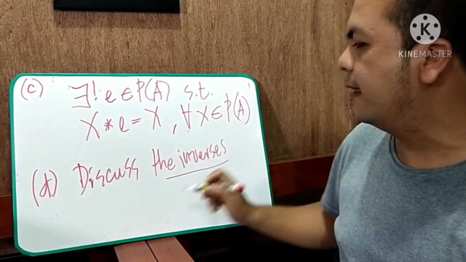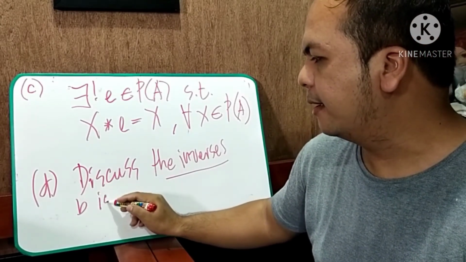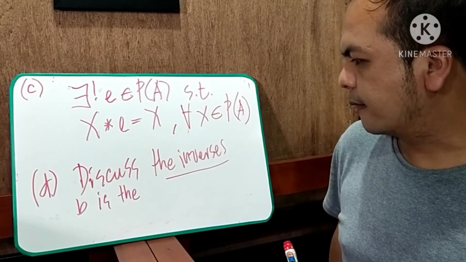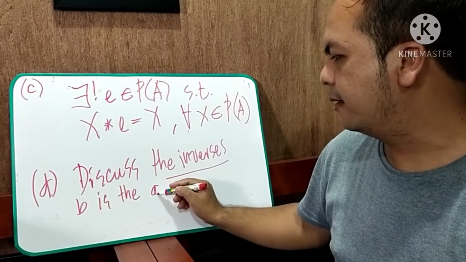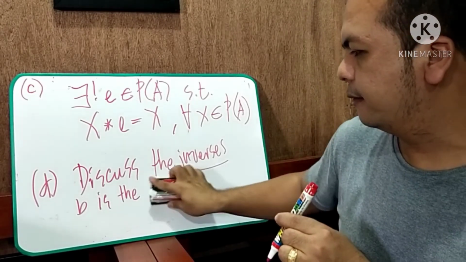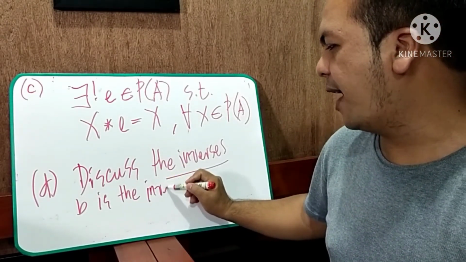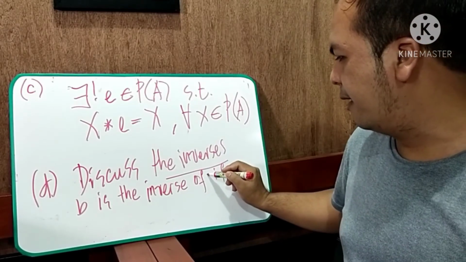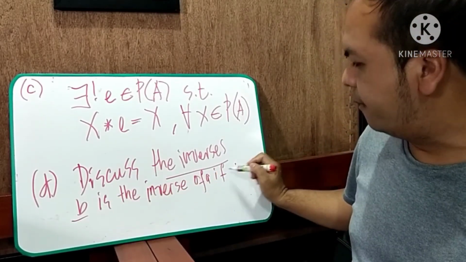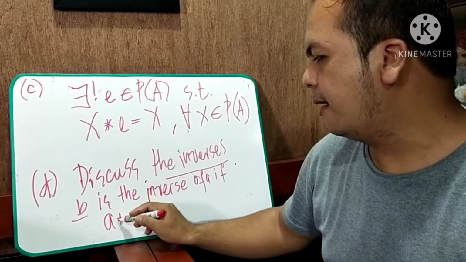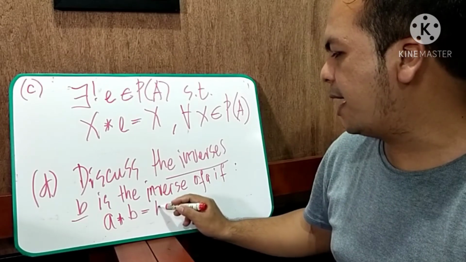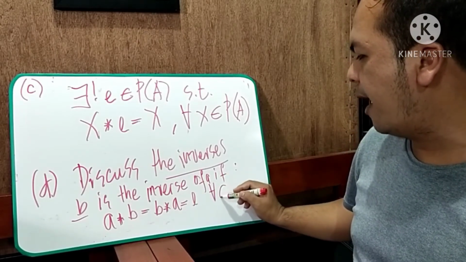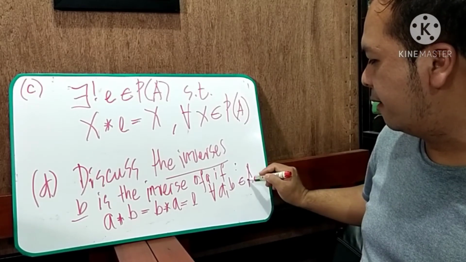In our definition of inverses, B is the inverse of A if A star B is equal to B star A, which is equal to the identity element, for all A, B elements of any given set.